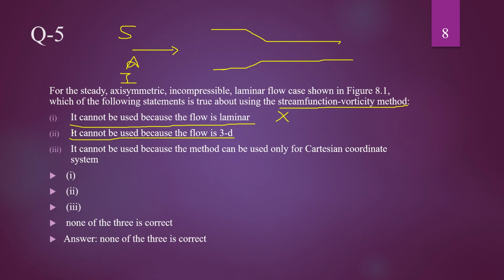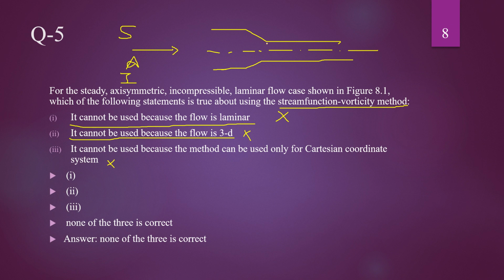And second, it cannot be used because the flow is 3D. In the last problem itself, we saw how the problem is axisymmetric, so we can ignore one direction. Therefore, this is also not a problem in this case. And third, it cannot be used because the method can be used only for Cartesian coordinate system. This is also false.